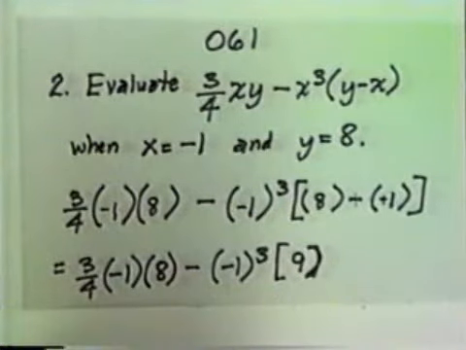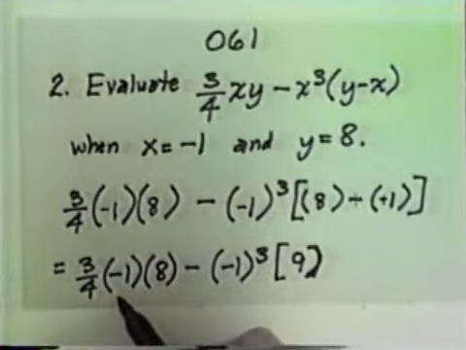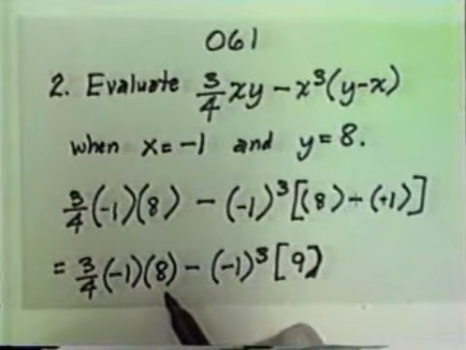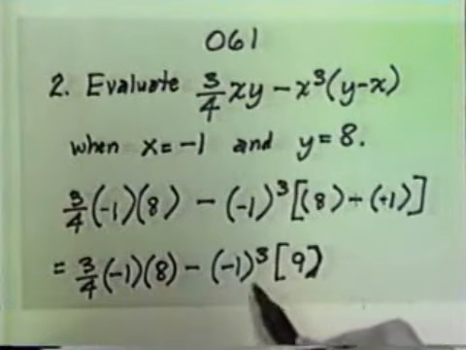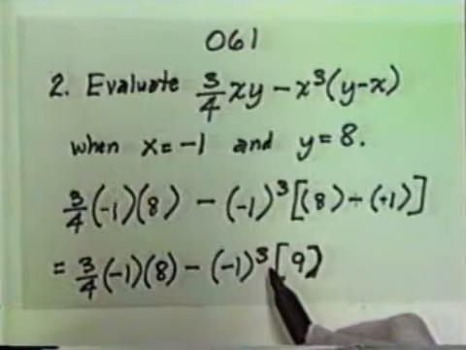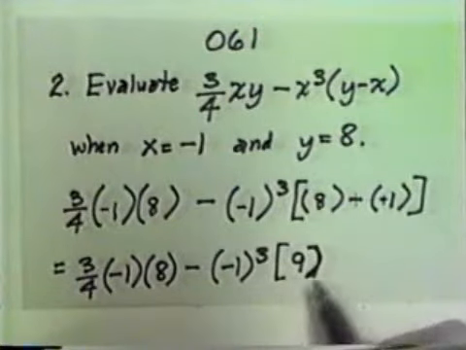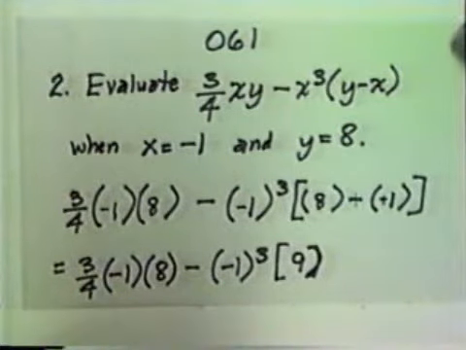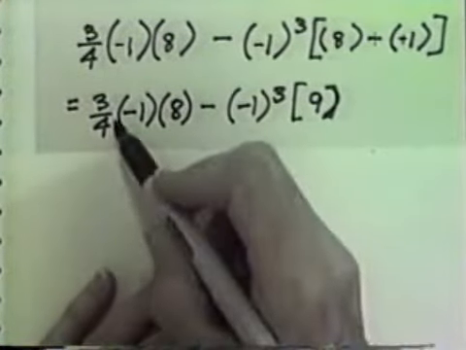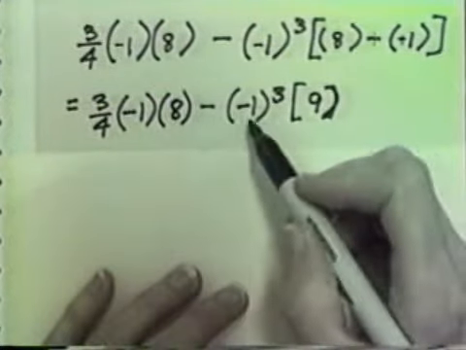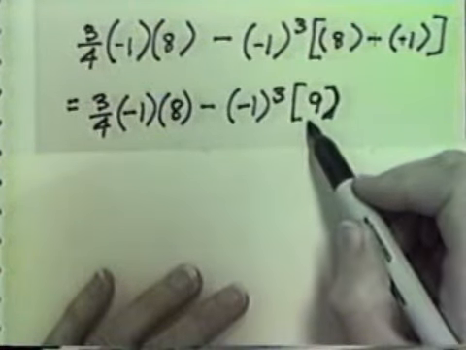And so we have 3/4 times -1 times 8, subtract -1 to the 3rd power times 9. Now we have multiply, multiply, subtract, exponent, multiply.